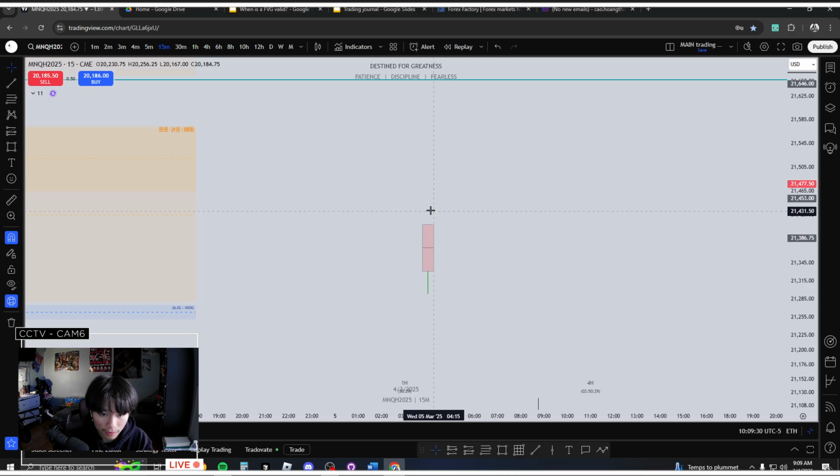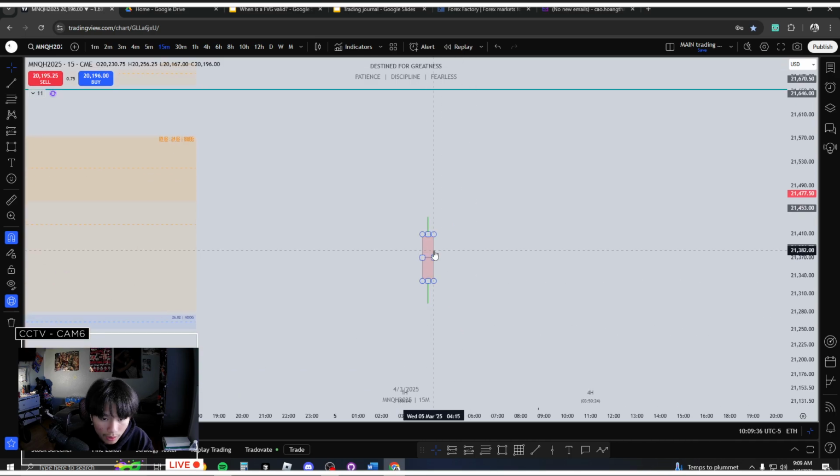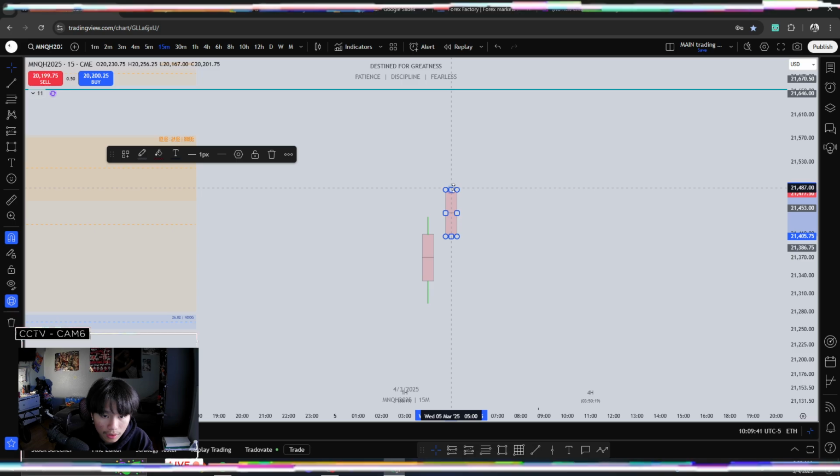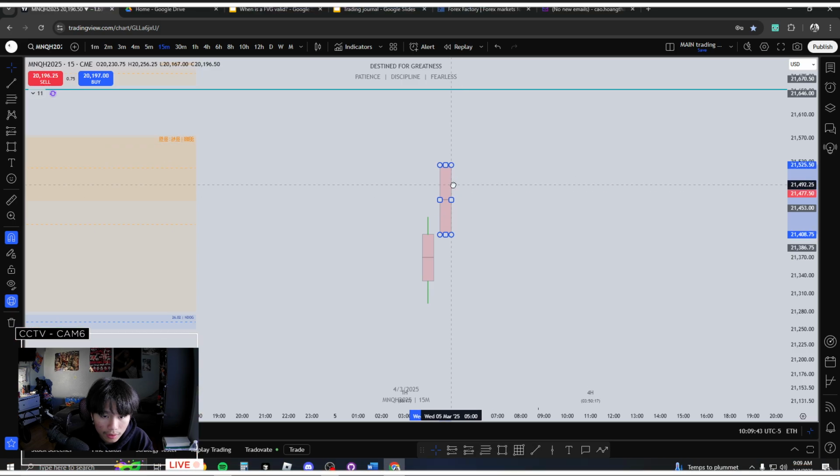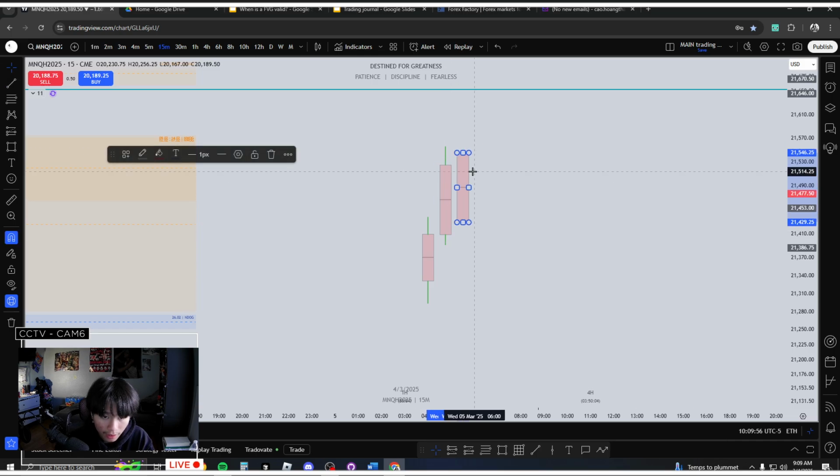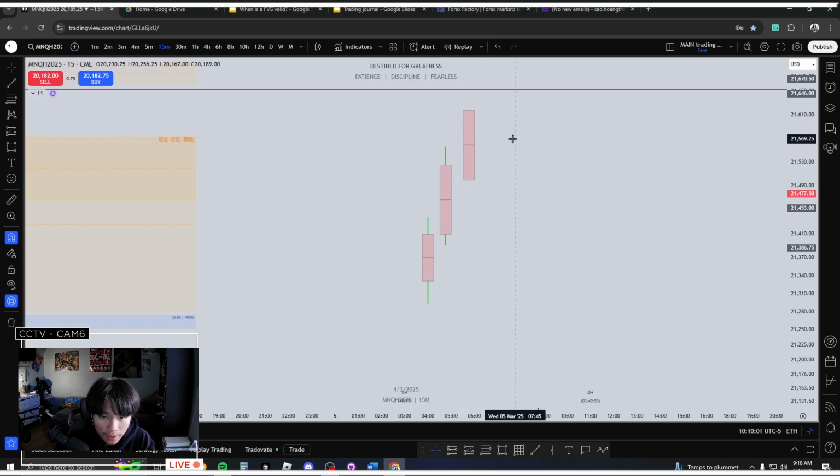There's that candle there, and there's another one, let's say here, let's go with this, so like this, and there's another. So it's always going to be created with 3 candles.